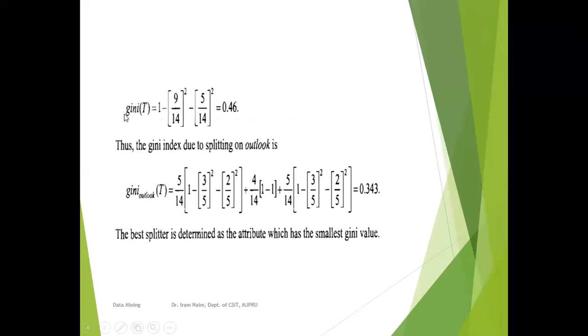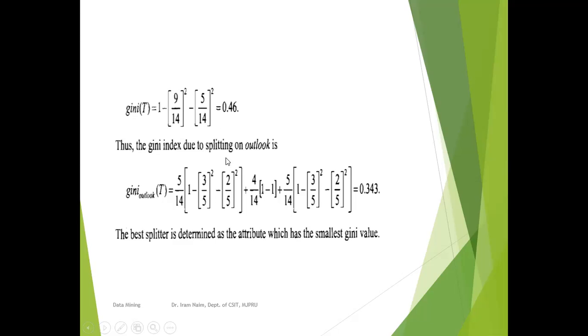To calculate the Gini index of the complete outlook attribute of the training set, we take the summation of Pj whole square. Pj has two parts, one is yes and one is no. Yes values are a total of 9, so we take 9 divided by 14 whole square, and then 5 divided by 14 whole square, subtracted from 1. This gives the Gini index of the outlook value.